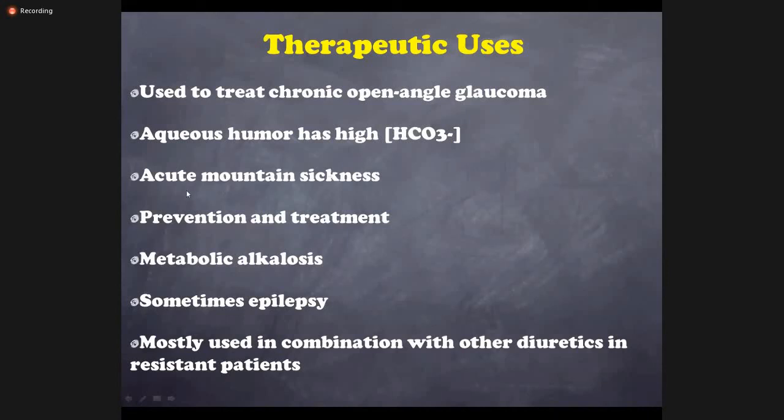This group can be used in acute mountain sickness, for prevention and treatment of metabolic alkalosis, and sometimes in epilepsy as an adjuvant drug, mostly in combination with other diuretics in resistant patients, right?